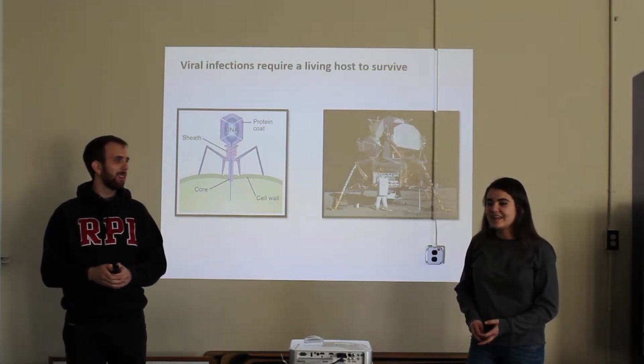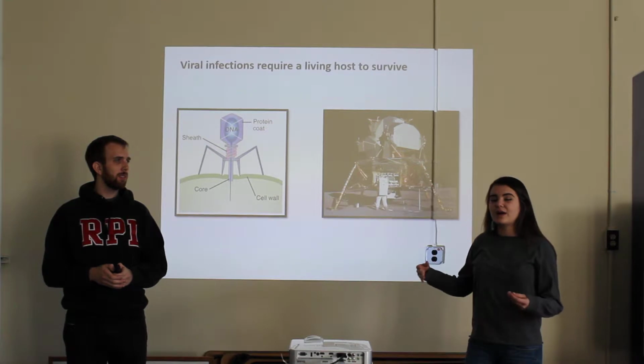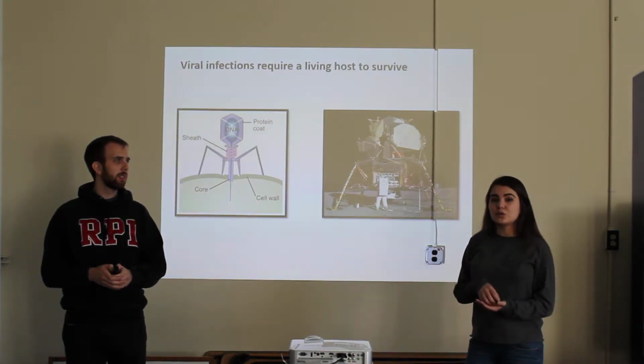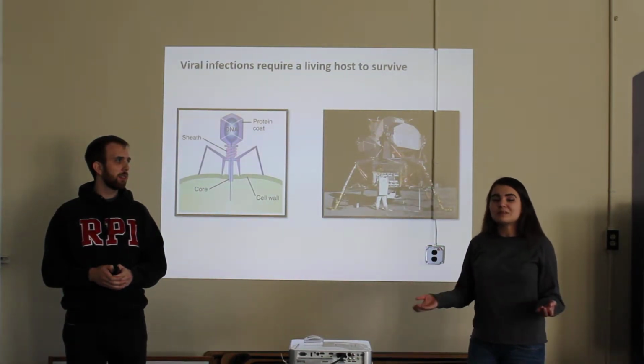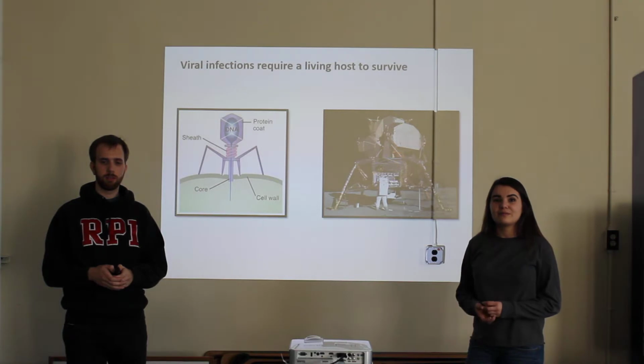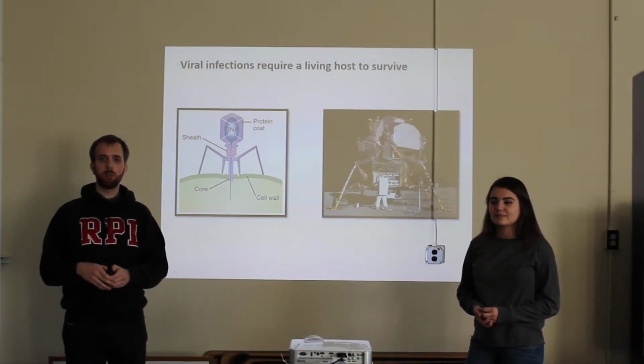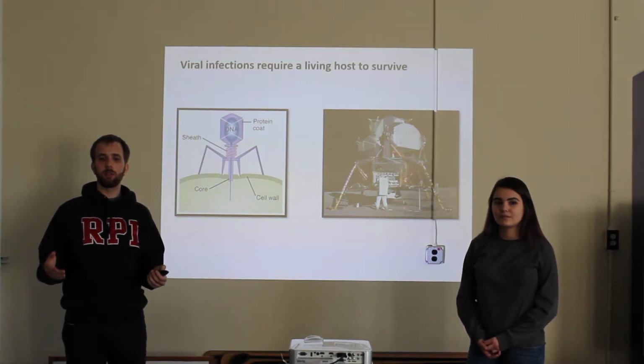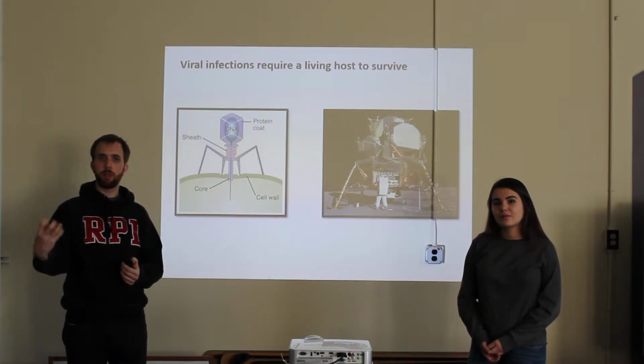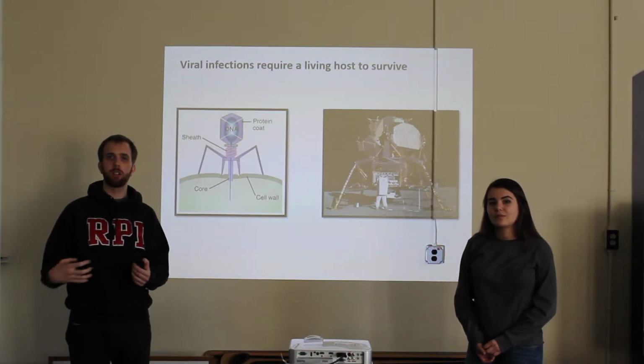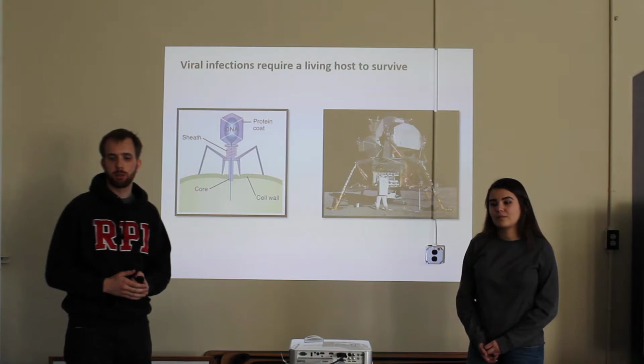Oh, okay. Yeah, so the moon lander deposits humans onto the moon in a way that's kind of similar to how the virus injects the disease onto a living thing. Right. So humans can't survive in space by themselves, but the spaceship carries us there just like a virus carries its information to a living host.